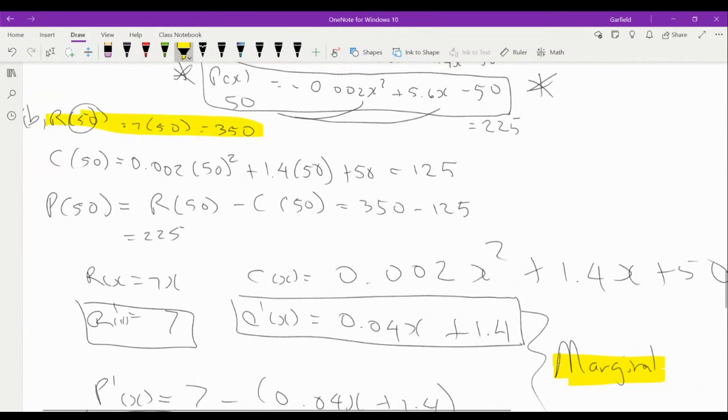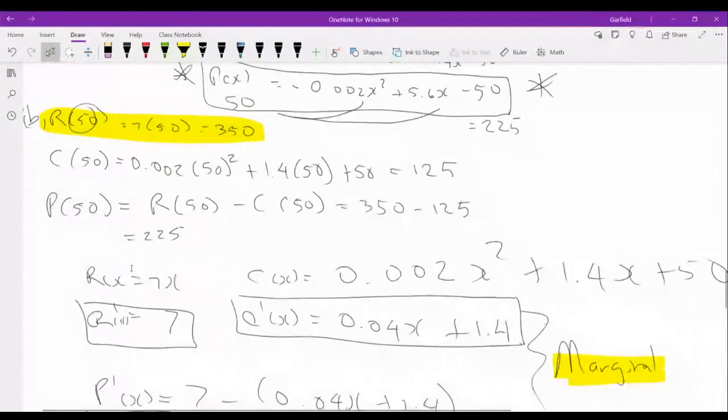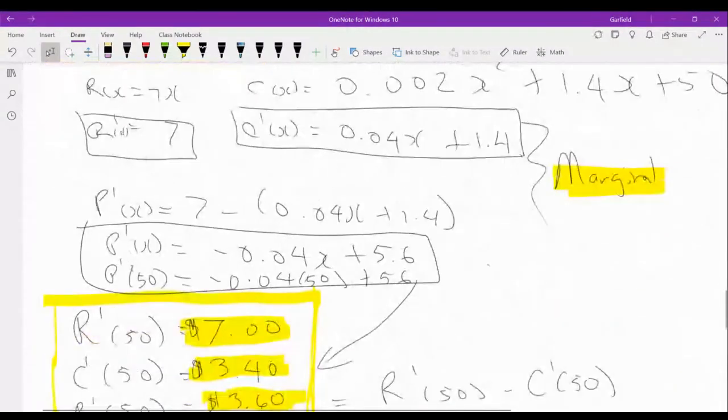The revenue here is $350 for 50 units. What would our revenue be for 51 units? Well, it would be $7 more, which is what we're saying down here, right?